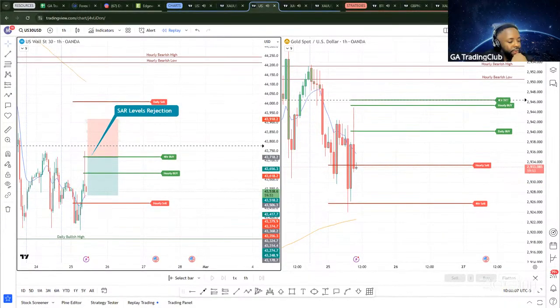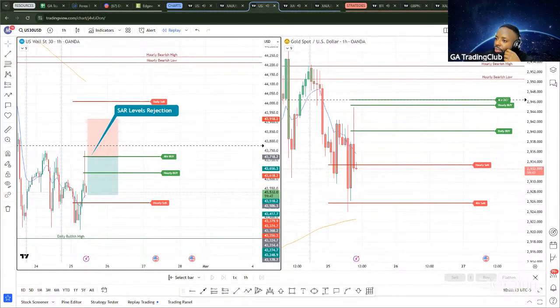US 30, rejection resistance 30. Okay, there is a sell going, oh, actually, no. That would have been a nice sell, rejection resistance on US 30, but we do not have a supply zone on that 30-minute.